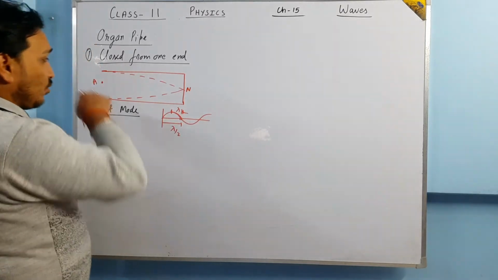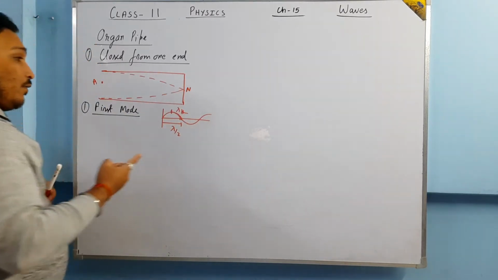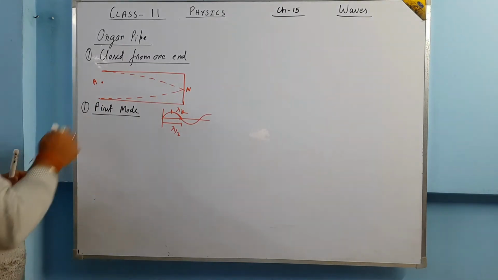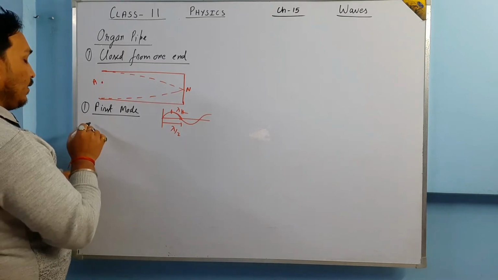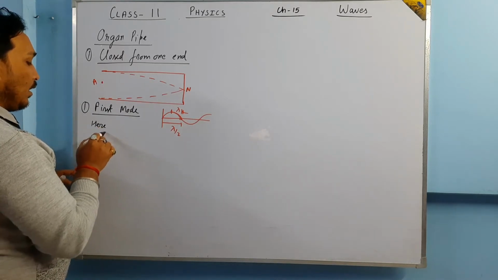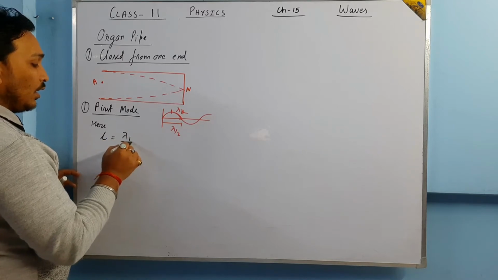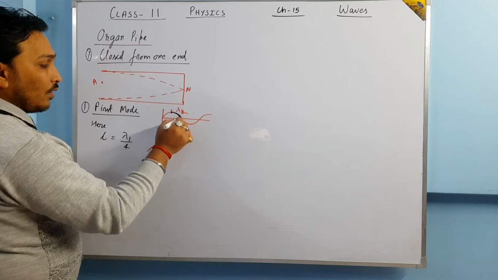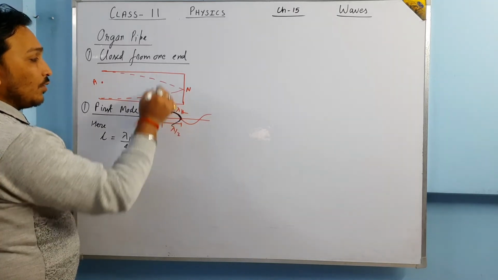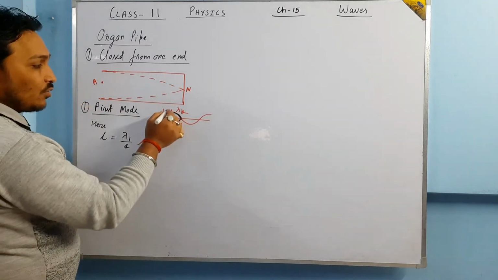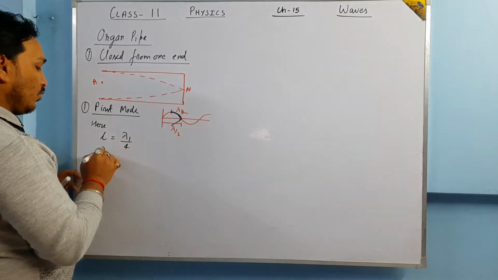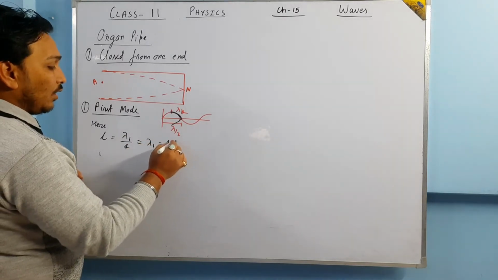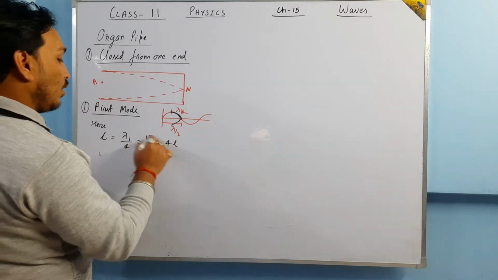So this is equal to 1 by 4 of the wavelength which is being produced. If the length of the organ pipe is L, then L is lambda 1 by 4, because this consists of only this much wave. The same shape is reflected over there. So lambda by 4 equals L, and the value of lambda 1 comes out to be 4L.